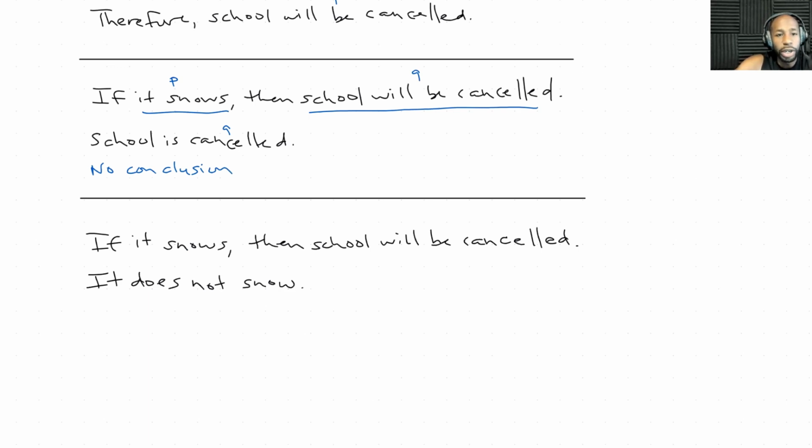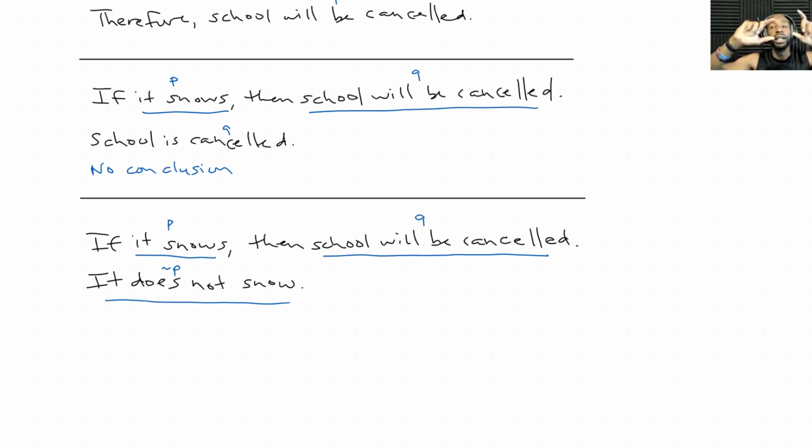If it snows, so here is our hypothesis. Here is our conclusion. What is this? So our hypothesis is it snows. In this case, it says it does not snow. So this is really not P. This is not P. Okay. In other words, P is not true.